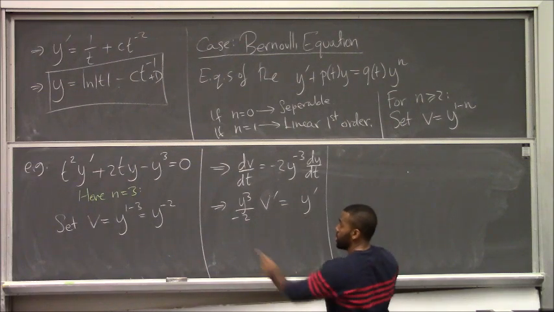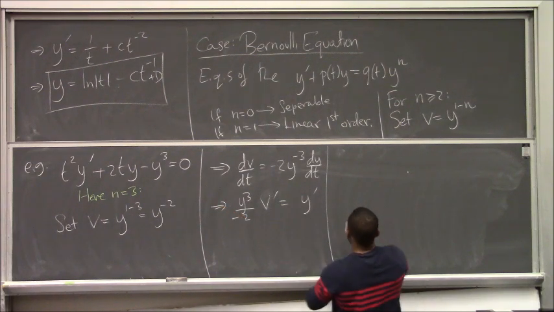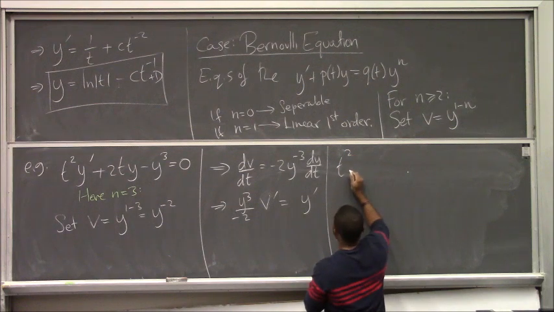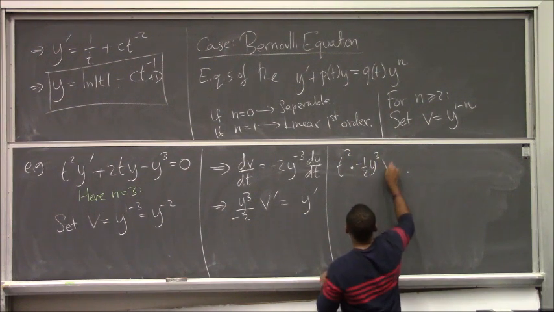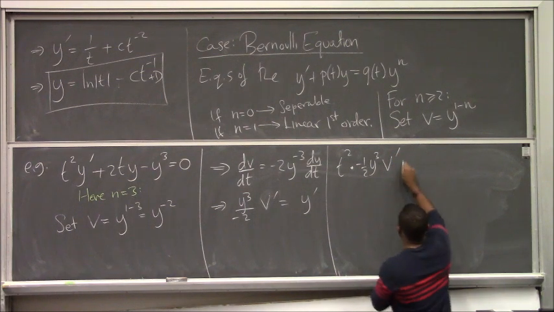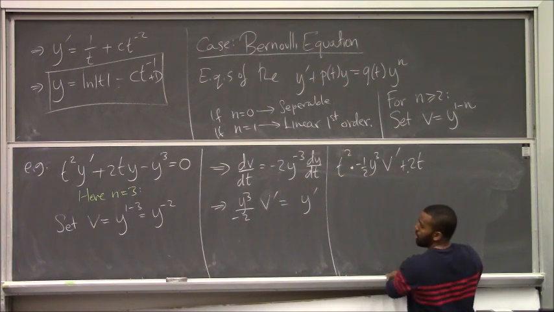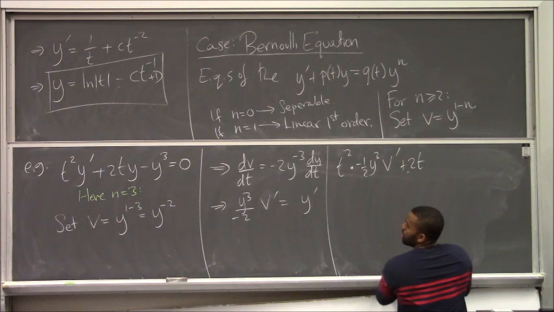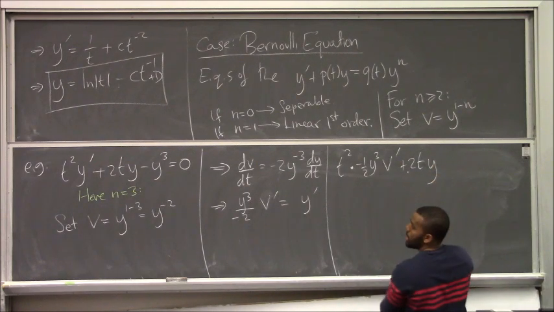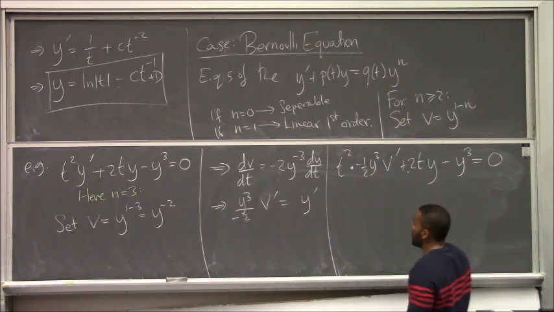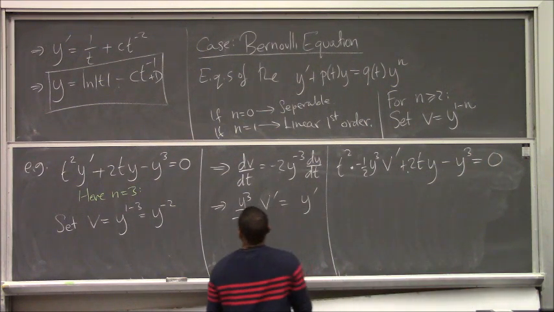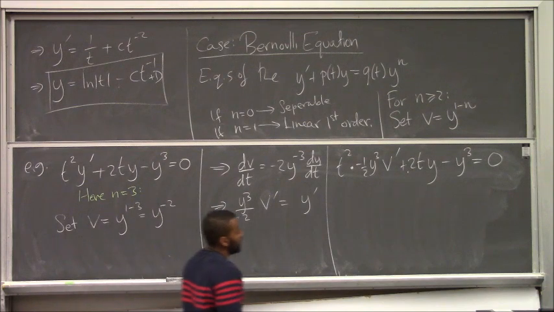Now, plugging that in, I'm going to have t squared times minus 1/2 y cubed v prime plus 2t y minus y cubed. Now, notice what we can do here.